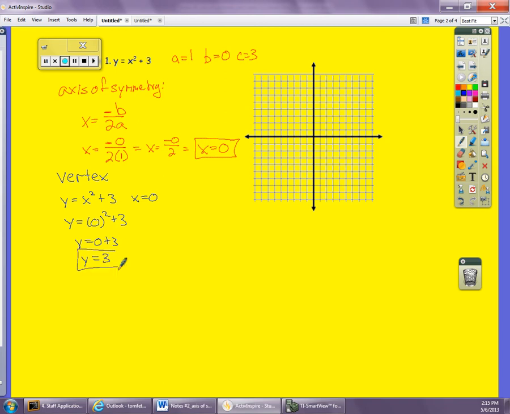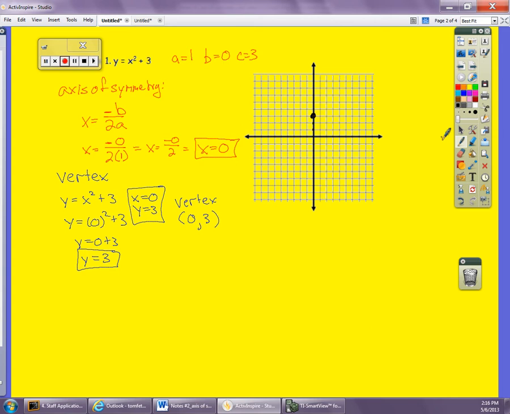So now we know that the vertex is the point (0, 3). So we have our vertex, which is the point (0, 3), and the axis of symmetry is the line x equals 0. If we know that the vertex is (0, 3), we can graph that. So 0, then up 3: 1, 2, 3. So this is our vertex.